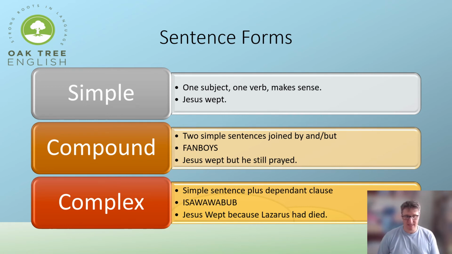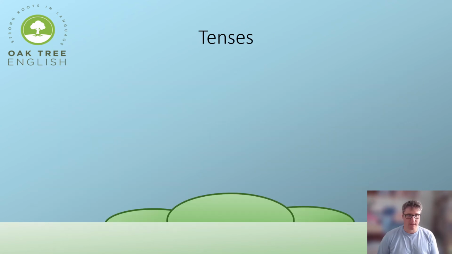And these are sentence forms. You will be expected to use, although not necessarily understand, tenses. If you want to become an English teacher later on, you need to know this. If you don't, you can skip over this part of the video. However, this will really help you to put a framework around the tenses that you already use.